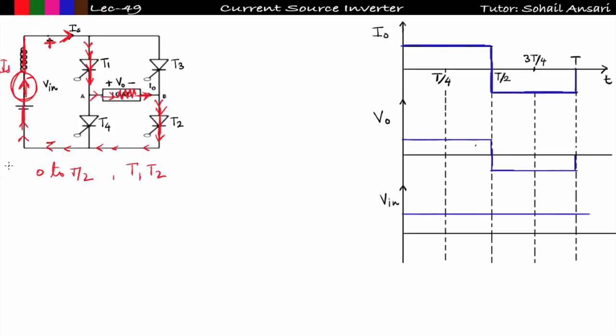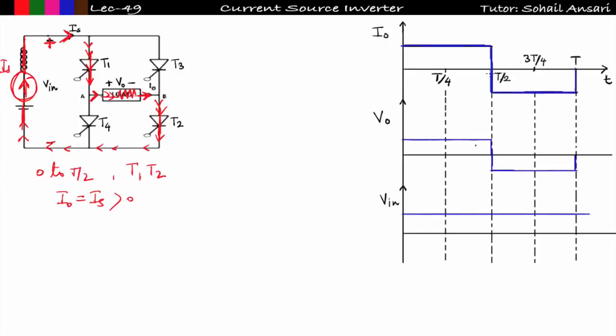So you can easily understand, from 0 to T by 2, T1 T2 is triggered, and the moment T1 T2 is triggered, then I0 will be equal to Is. The actual current direction of Is is the same as the direction of I0 assumed. I0 I am assuming from A to B, and Is is also flowing from A to B only. So I0 will be equal to Is, and it is greater than 0, I can say that.